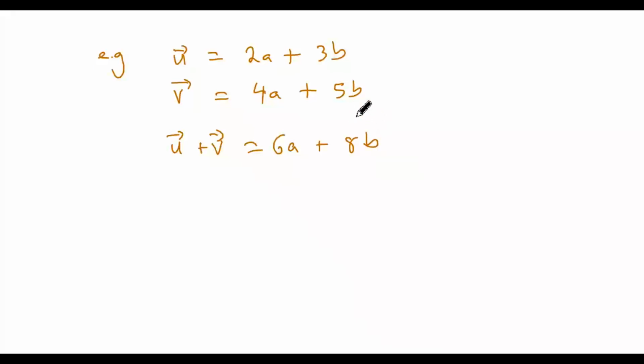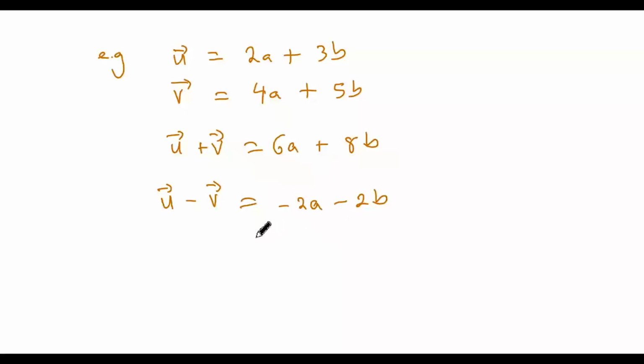So that will be the addition. Then vector u subtract vector v will be equal to 2a minus 4a, that will be negative 2a, then 3b minus 5b, that will be negative 2b.